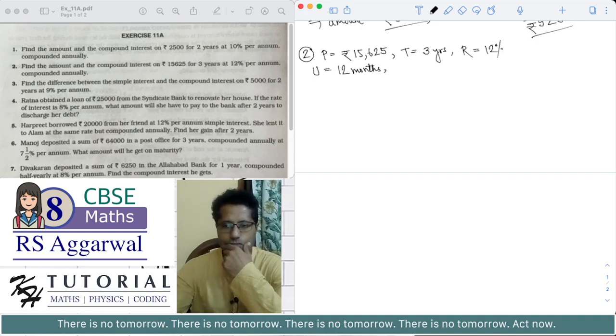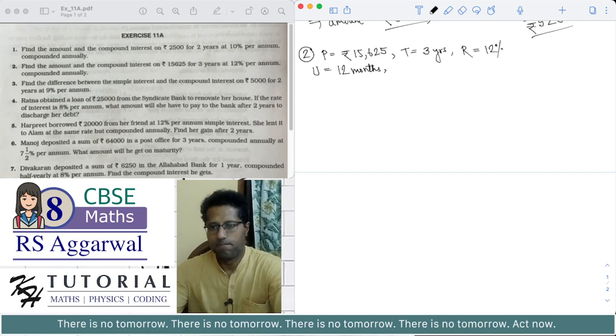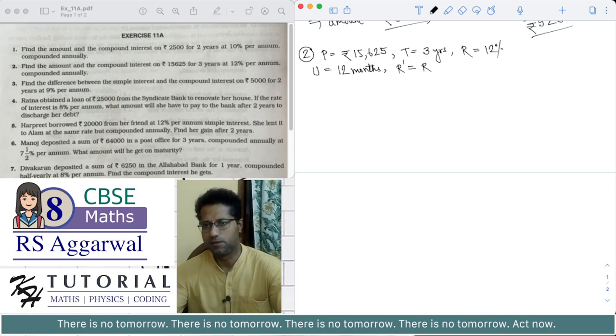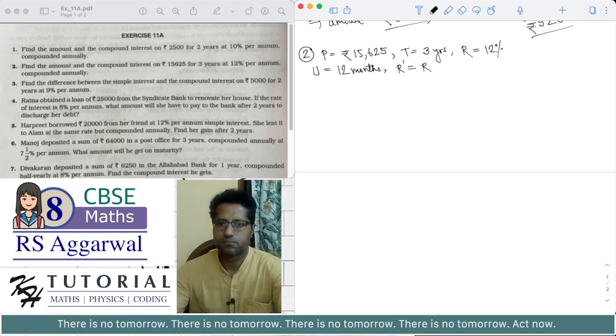Now what will be R dash? If the unit of time is 1 year, then always R dash is equal to R, because R itself is the rate of interest per annum. So R dash is R.